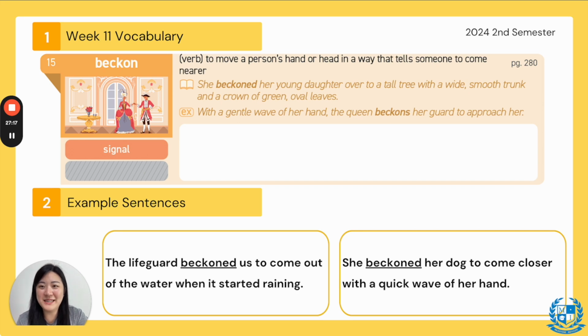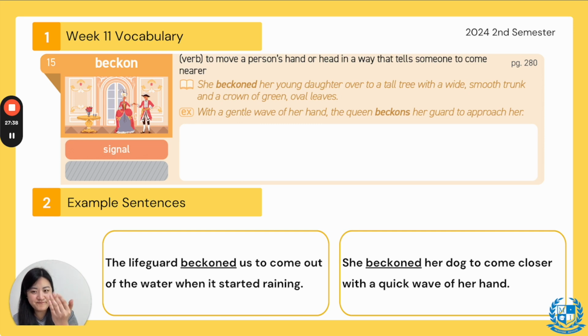Number 15, the word is beckon. Beckon. The synonym is signal, and it is a verb. It means to move a person's hand or head in a way that tells someone to come nearer. So it's a bit similar to summon, but summon's like you tell them to come, but beckon is a bit different.